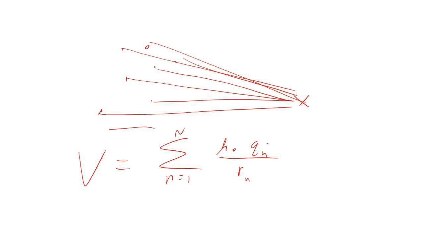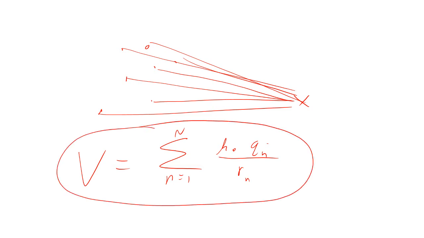That's it. This is how you'd find the electric potential. The nice thing is it's a scalar, and scalars are always easier to work with than vectors.